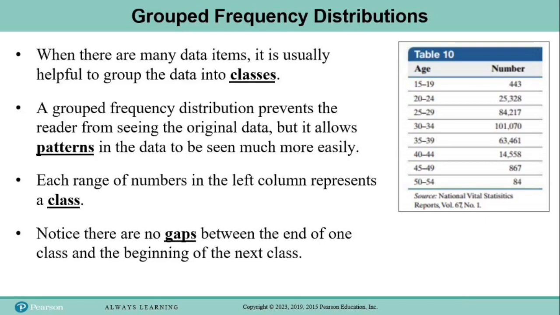So notice that the first class ends at 19, but the second class starts at 20. And all the classes are like that. This class ends at 34, but the next class begins at 35. So everybody is going to fit into exactly one class, and that's what we need. So we need no gaps between the end of one class and the beginning of the next.